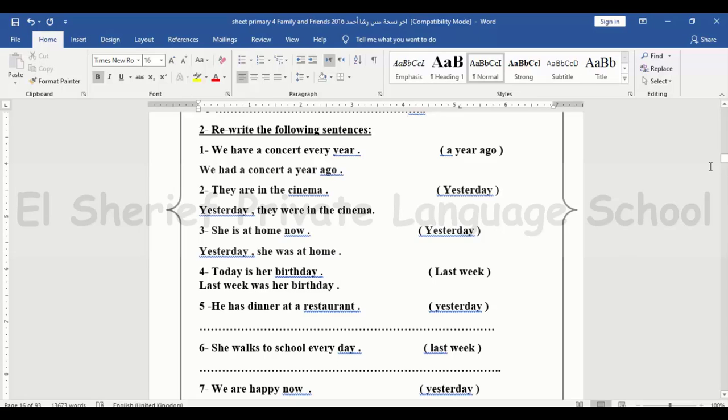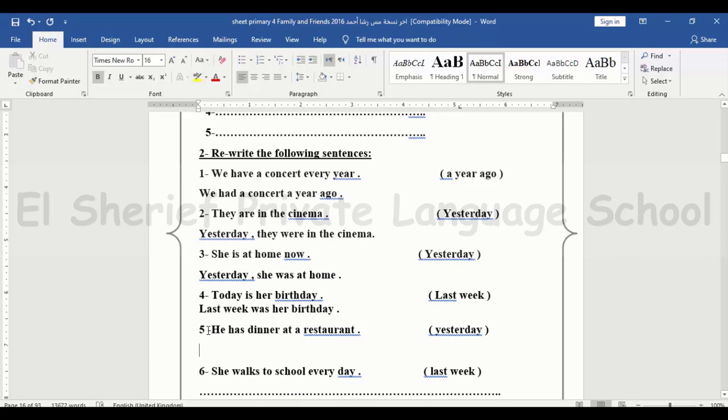Question number 5. He has dinner at a restaurant. Use yesterday. So we start with he, because yesterday, Y here is not a capital, it's small. So we have to start with the subject he.